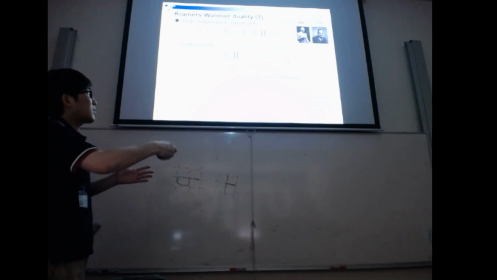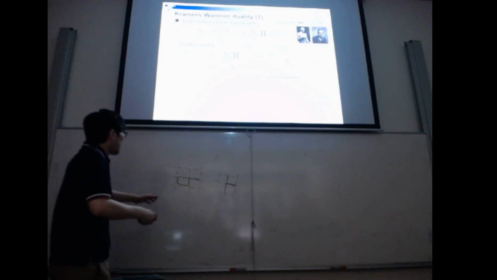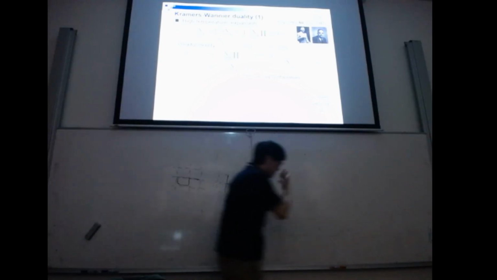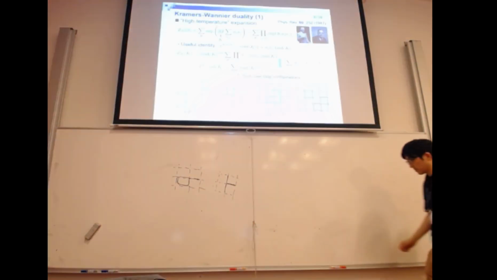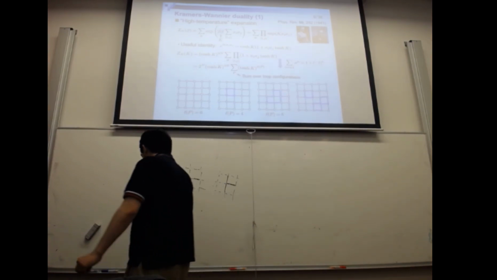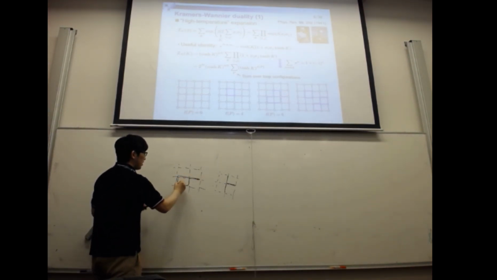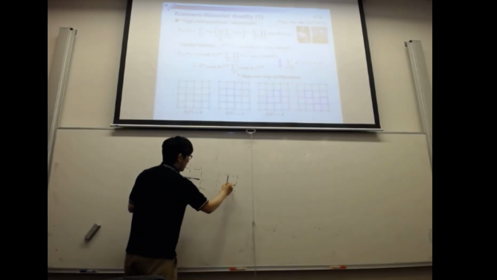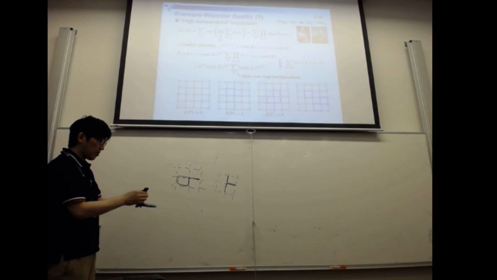That came from this identity. This kind of graph is not allowed in this expansion because of this identity.